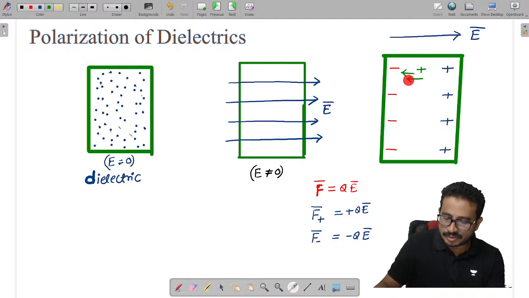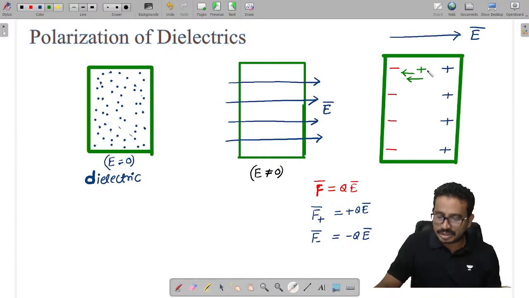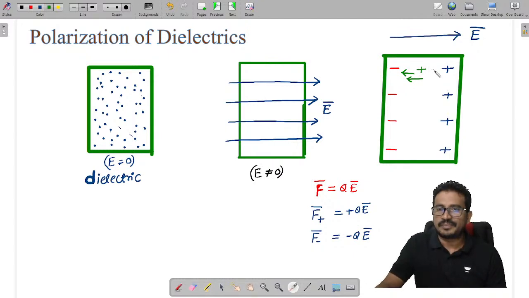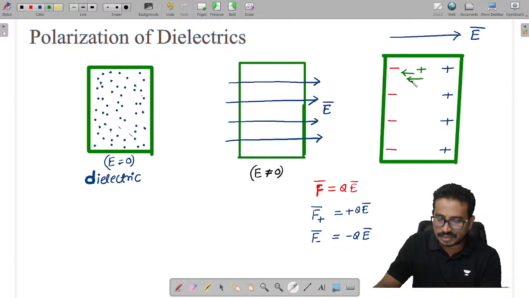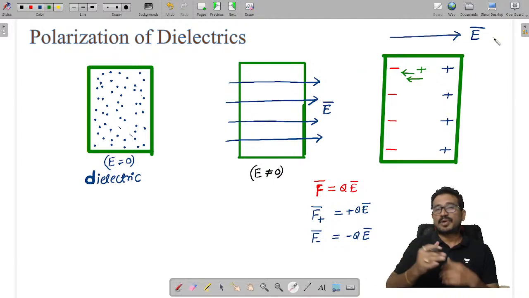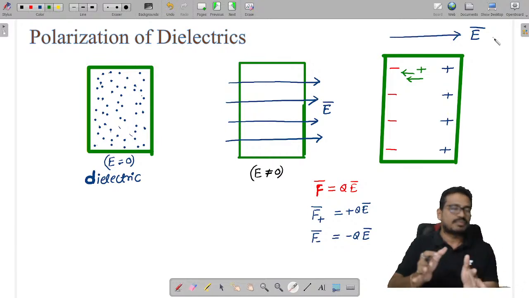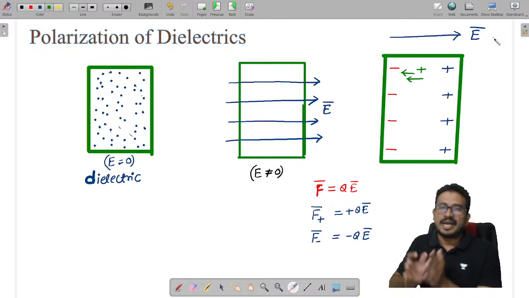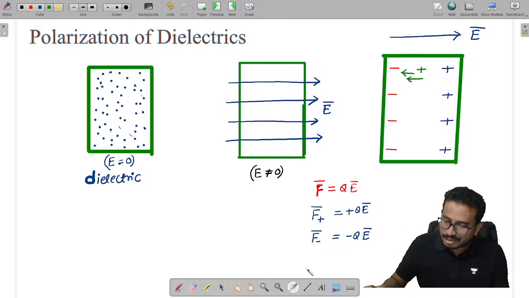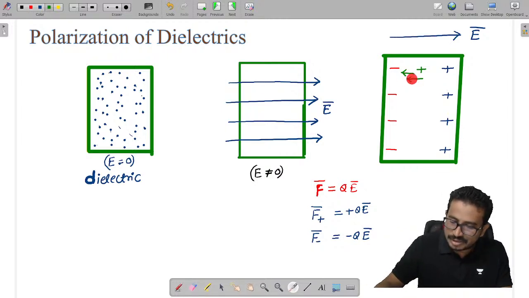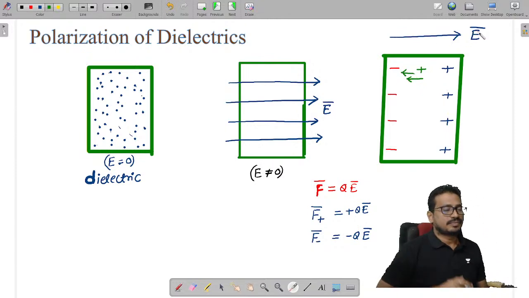So this charge will try to move here, but because of these two forces in this direction and this force in this direction, the movement of charges will take place from one side to the other until these forces get balanced.